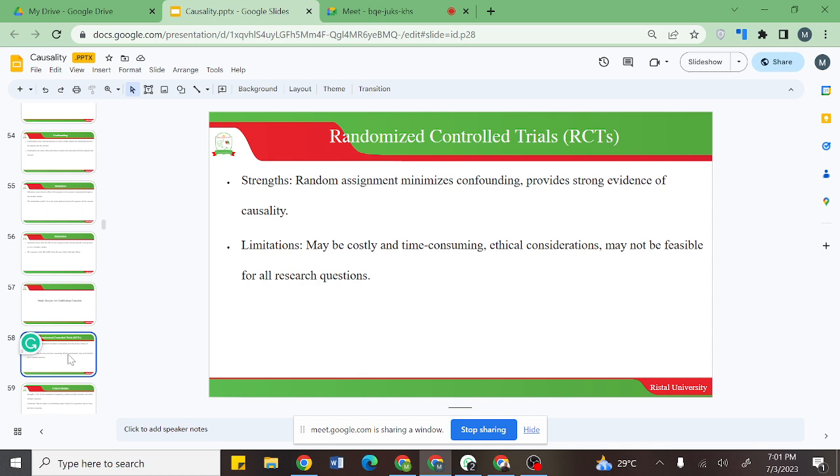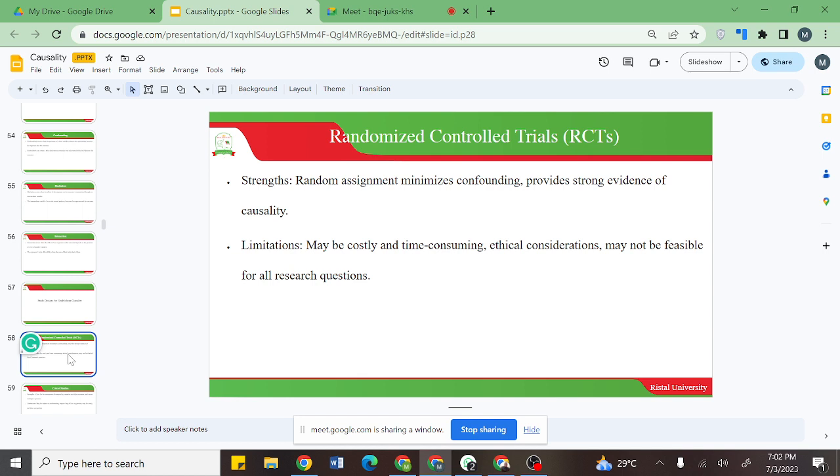So those that you inject, you see if they're going to get the disease. And those that you did not inject with organism A, they will not get the disease B. Okay? So when you do this, that is what you call an experimental study, because you are the one manipulating the what?